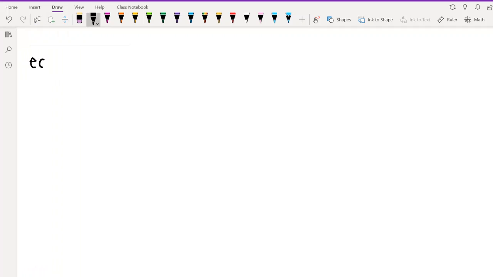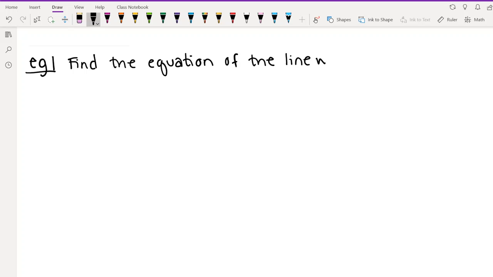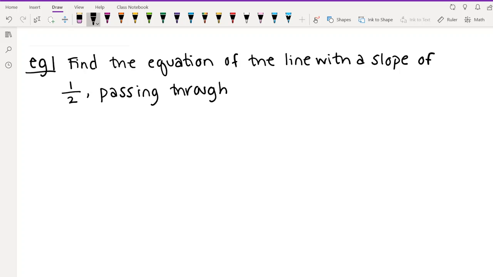So first example I want to do is one where we're given the slope and we're given a point. So we want to find the equation of the line with a slope of 1/2, and we want this line to pass through the point (1, -3).